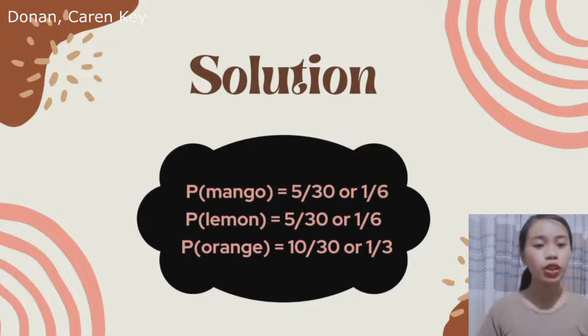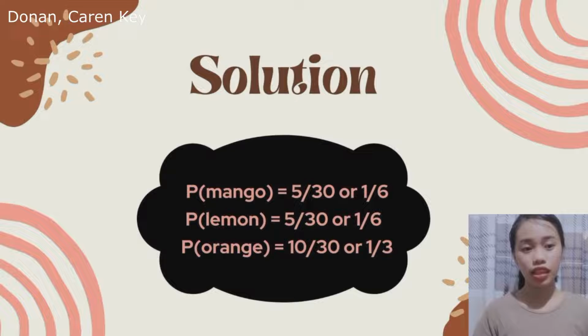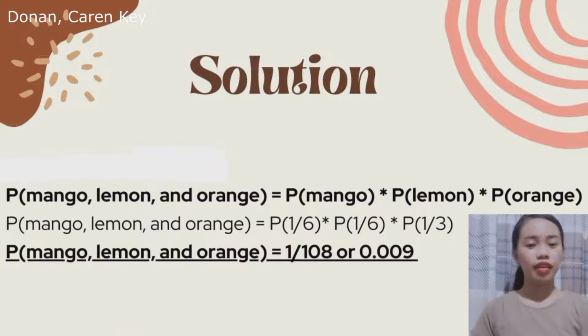And the orange, we have 30 candies and we have 10 oranges. So in the simplest form, we have 1/6 and 1/3.